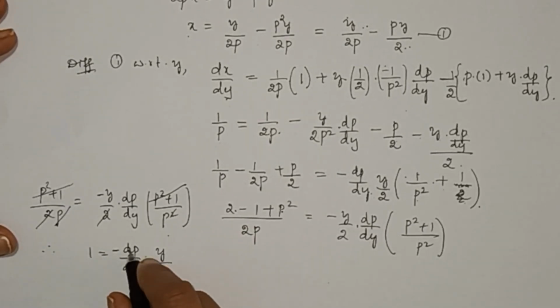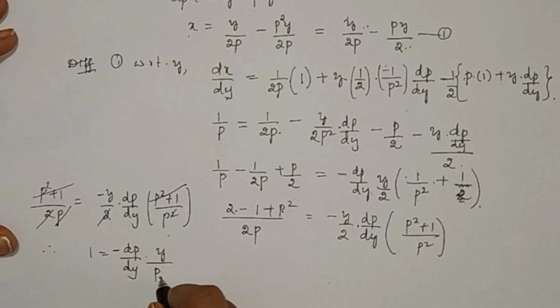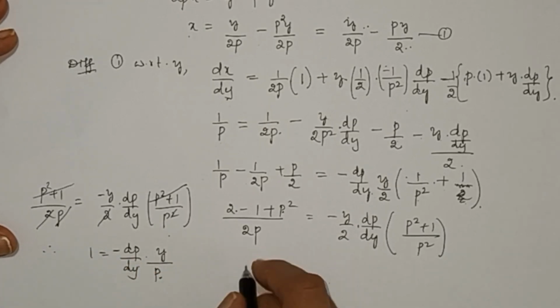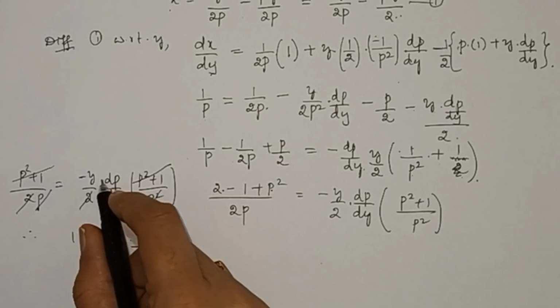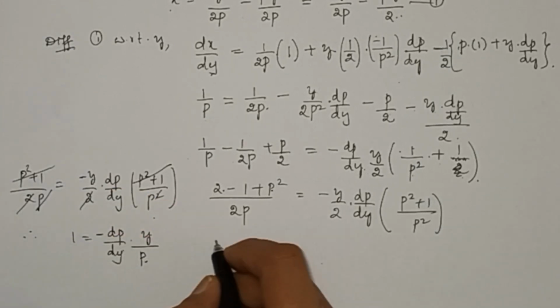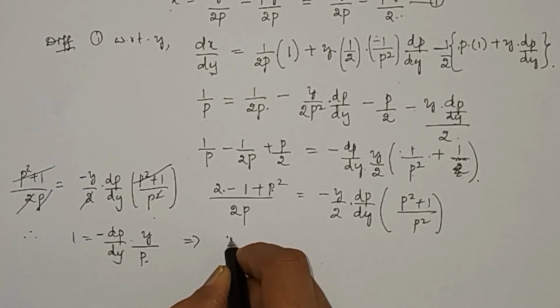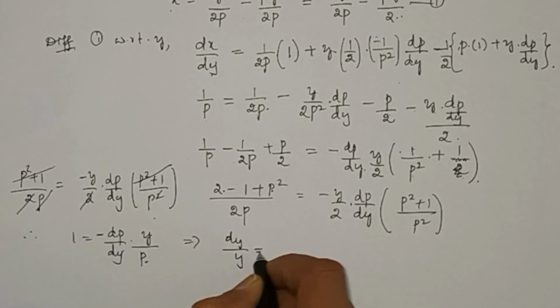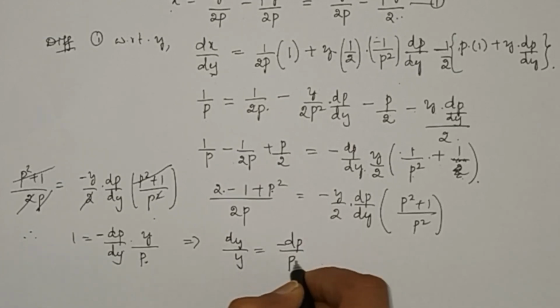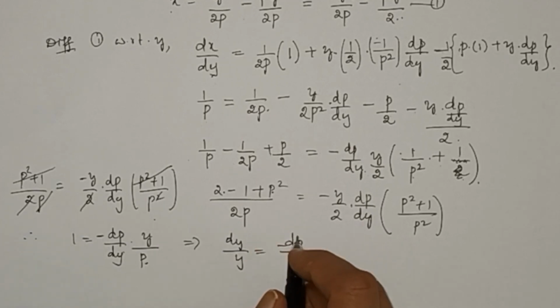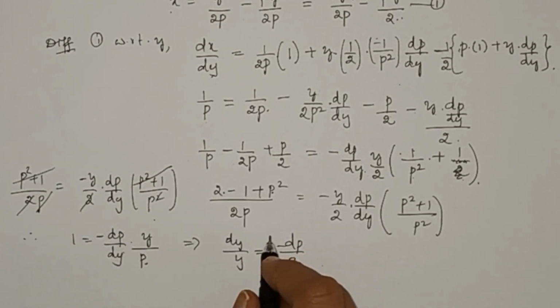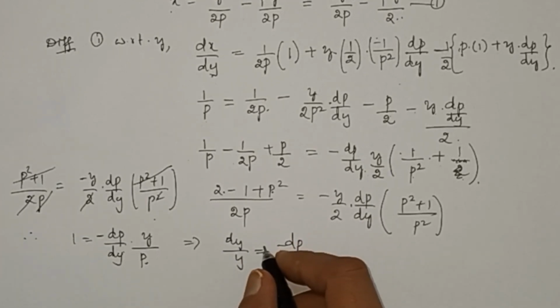So wherever you have dp, keep that p here. Now y, take it to the other side. So you will get dy/y equal to -dp/p. This is a first order differential equation solved using the variable separable method.